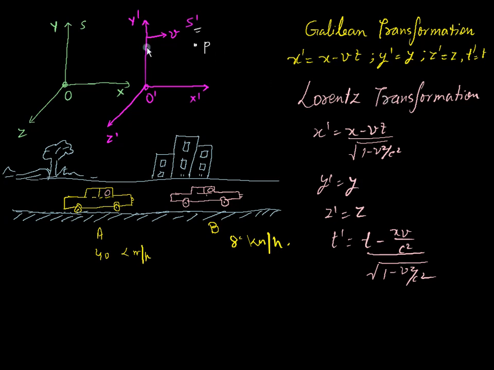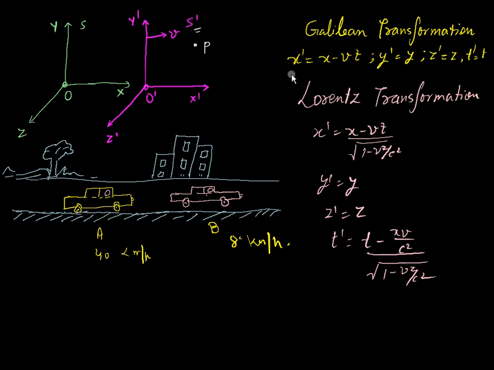Actually, if I define this event as being in the rest frame according to my coordinate system, that is of the unprimed frame, and if I have to observe the same event from the O prime observer's point of view, then I will use these prime frame equations, right?